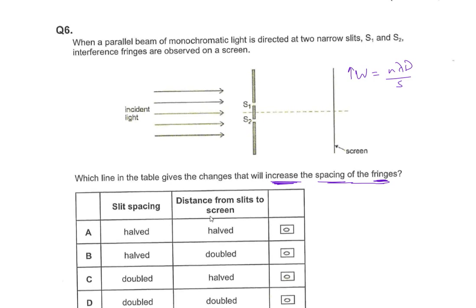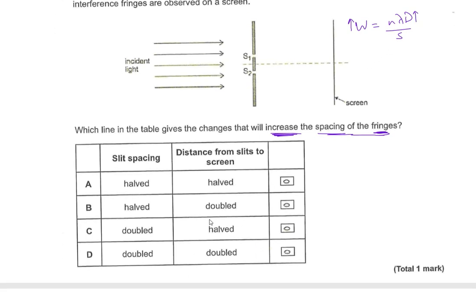So let's take a look. The distance from the slit, if this goes up, the distance of the slit is going to increase. Okay, so therefore you're left with two options, B and D. Okay, and the slit separation has to go down, so therefore it's going to be B in this particular case. Again, you can see that W goes up, S goes down, so it's half, and then if W goes up, D goes up, so therefore it's going to be this one here.